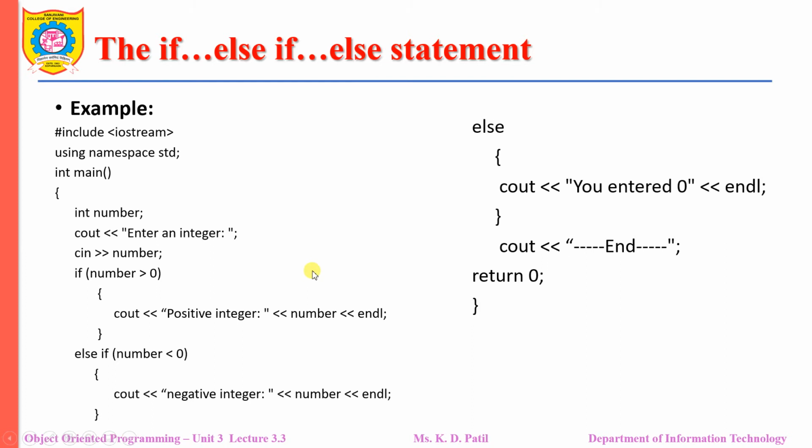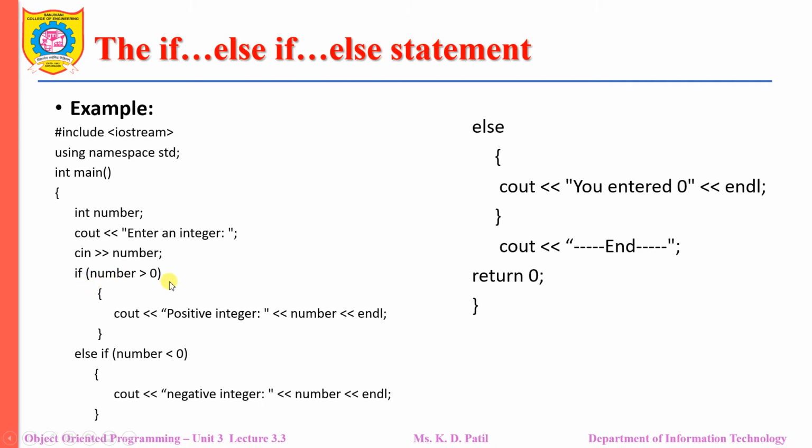Okay, now let us see a simple example here. An integer is accepted from the user, and that integer will be stored in the number variable. Now let us check the value of that number variable. Here the if else if statement is used.